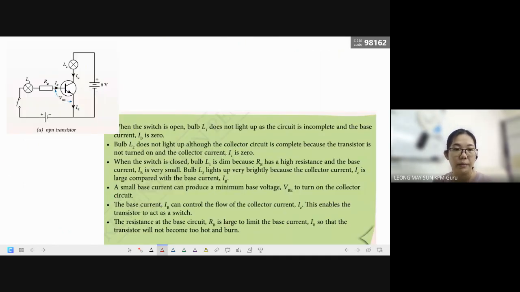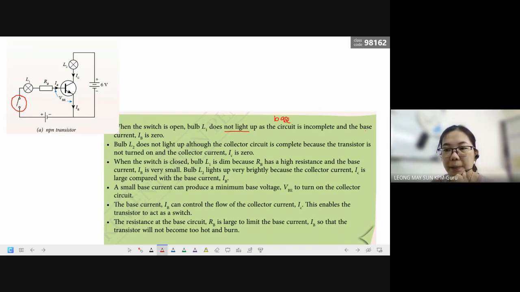Now this is what the book explains regarding the NPN transistor. I use the circuit just above to explain. When the switch is open, because there is a power supply here, the light bulb L1 does not light up, as the base circuit is incomplete.